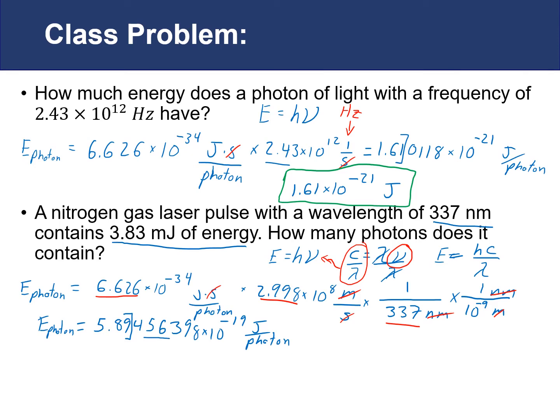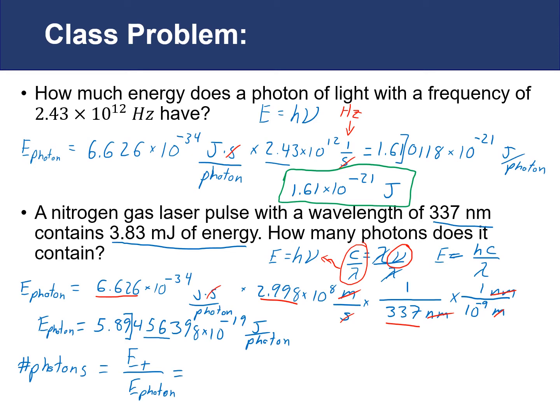So to figure out the number of photons, we can take the total energy and divide it by the energy per photon, and that will tell us how many photons we have. So this would be energy total divided by energy per photon, and that will tell us how many photons.